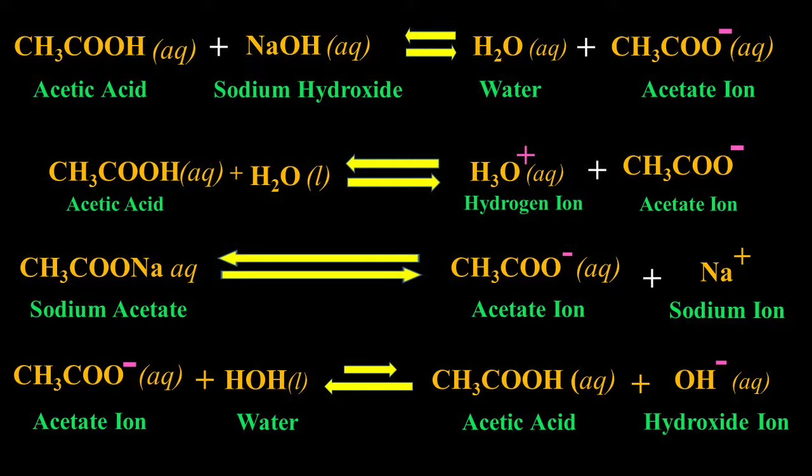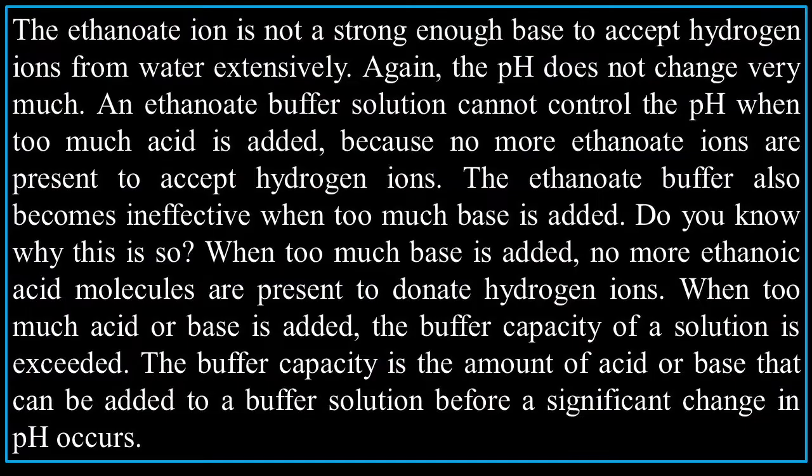You have acetic acid plus water yields the hydrogen ion or the hydronium ion plus the acetate ion. And then you have sodium acetate yields the acetate ion plus sodium ion. And then you have the acetate ion plus water yields acetic acid plus the hydroxide ion. That summarizes all the equations we've been using relative to ethanoic acid, etc.